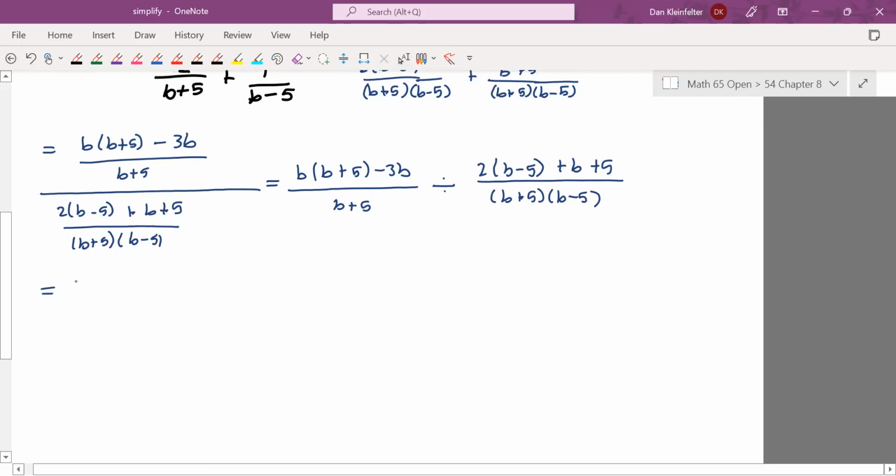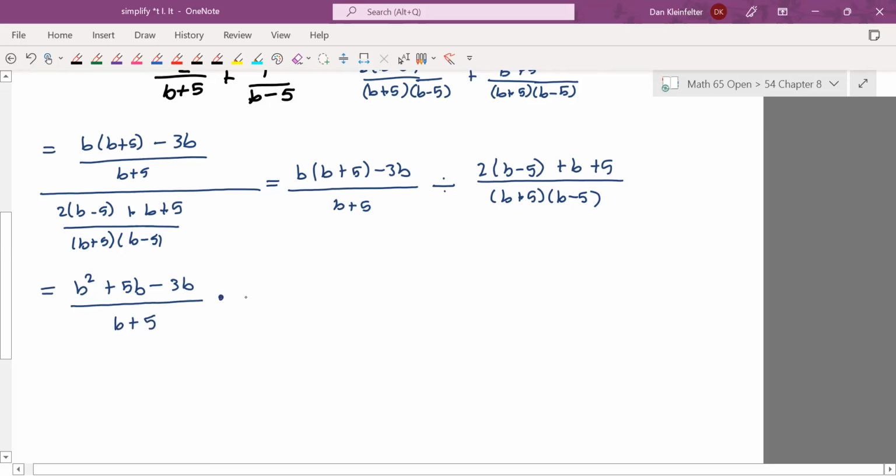We can rewrite our division now as a multiplication. Also along the way, I'm going to simplify some of these things. So this first numerator is going to become b squared plus 5b. Then we'll have minus 3b. I guess I could have done that earlier. B plus 5 down below.